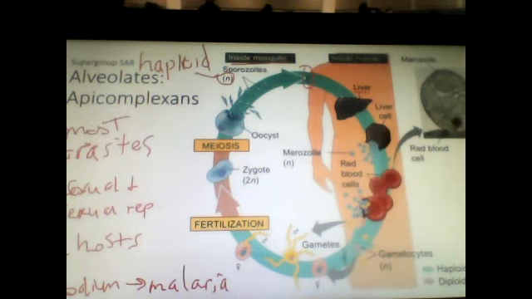and then they are released as merozoites, which are still haploid. So the merozoites then enter red blood cells, where they're undergoing asexual reproduction, and it takes 48 to 72 hours in here for them to reproduce enough that they can burst out.